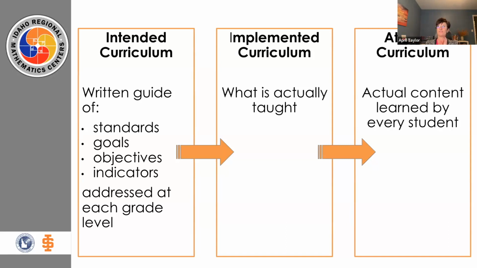And then that shift to the implemented curriculum, what is actually happening in the classroom. And then we can use that attained curriculum to evaluate where we are in that relationship between the intended curriculum and the implemented curriculum. So we can use this to reflect on.